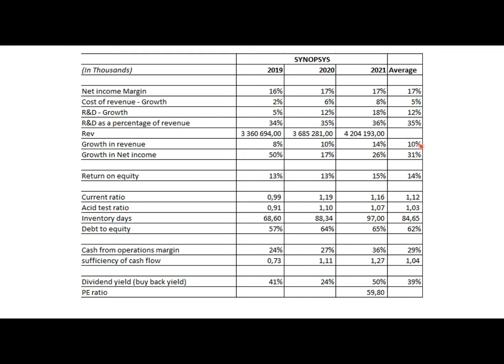Looking at the ROE, the return on equity, Synopsys returns 14%, which is below the industry average of 26%, but again, not a bad thing because invested capital is satisfying, its performance, considering that it is returning some form of return on invested capital.